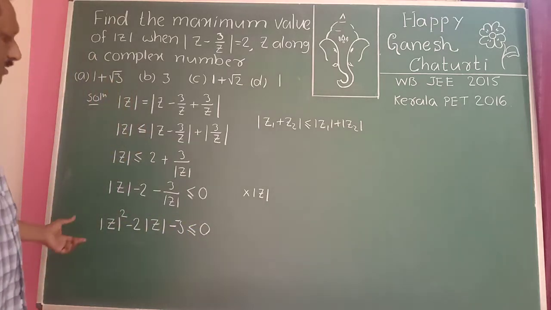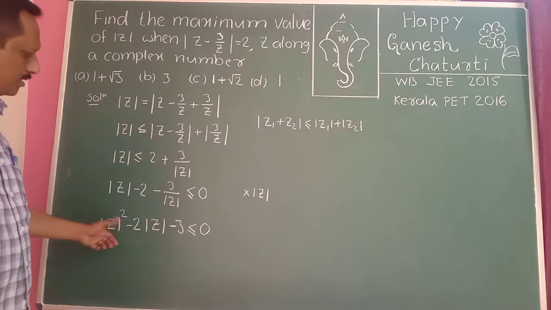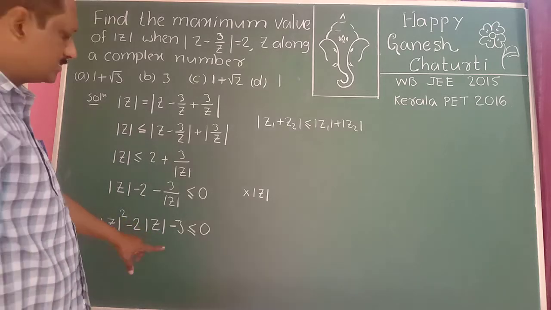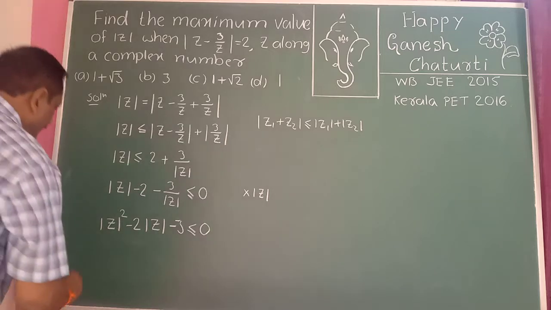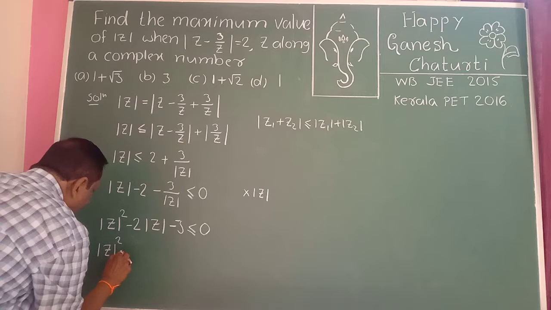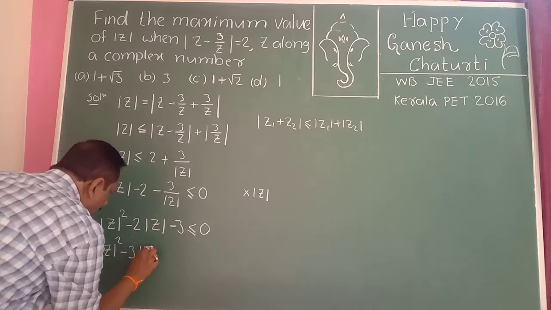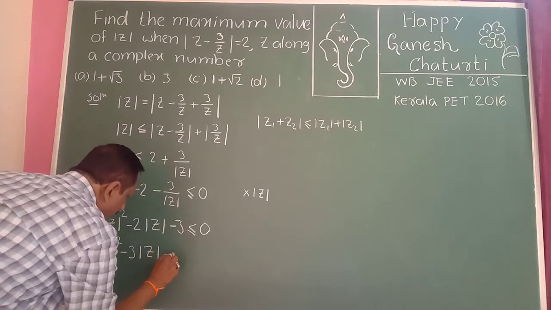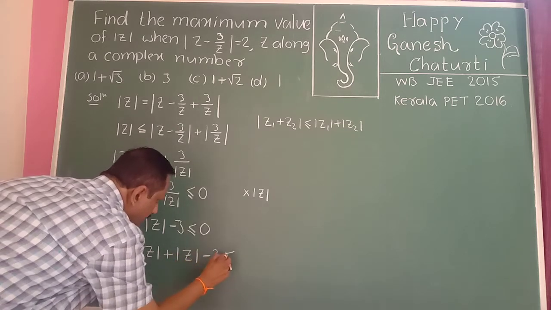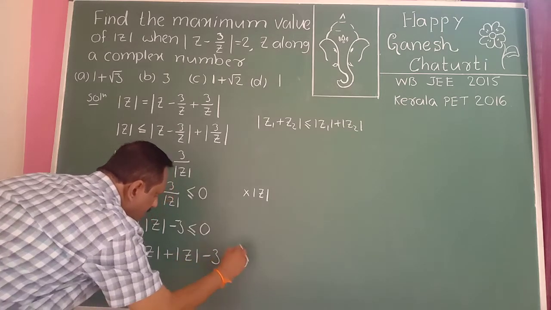So it is a quadratic equation. Product should be minus 3, sum should be minus 2, so the two numbers are minus 3 and 1. So modulus of z square minus 3 into modulus of z, plus 1 into modulus of z minus 3 is less than or equal to 0.